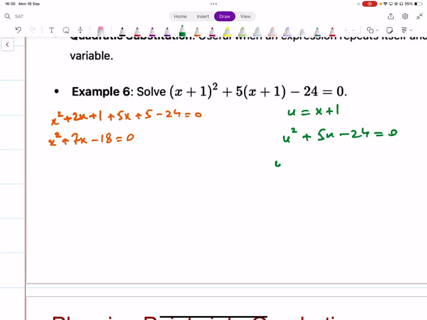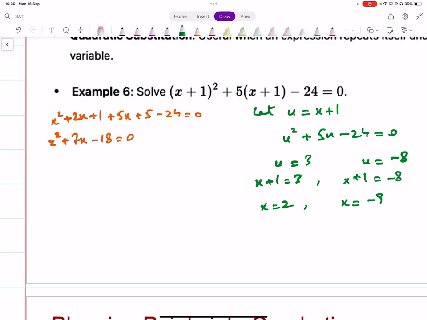What are the values of u that you get? u की values क्या आती हैं? 3 and -8. These are the values of u that we have. Now, what was u? U was x plus 1, so that means x plus 1 equals 3, or x plus 1 equals -8, so x equals 2 or x equals -9. These are the two solutions that you get here.